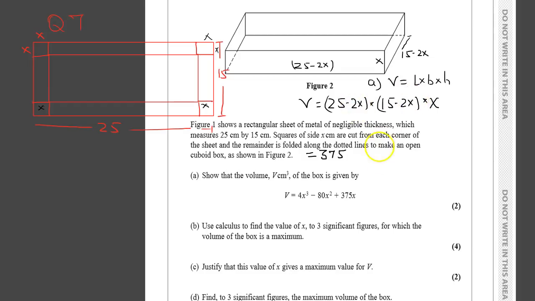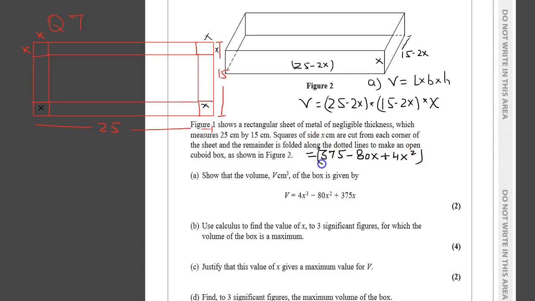2x and 2x, both are negative, so plus 4x squared, and this one is 25 times 2, that is minus 50x and minus 30x, so it will be minus 80x.